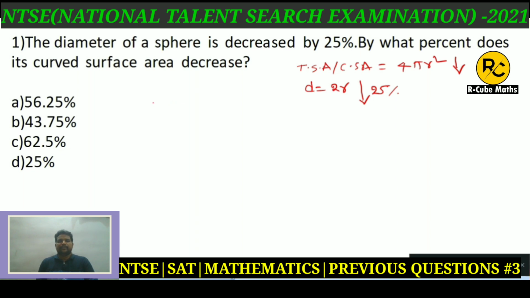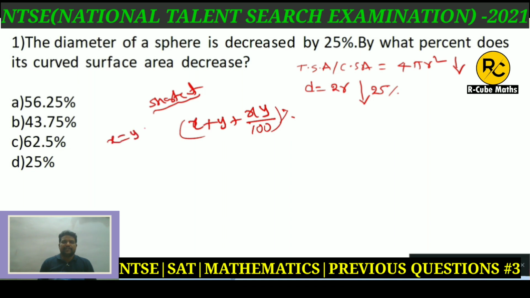By using a shortcut formula, we can find the answer simply. So remember the formula: x plus y plus xy by 100 percent. Here the diameter of the sphere is decreased by 25%, so we can take x equal to y equal to minus 25.